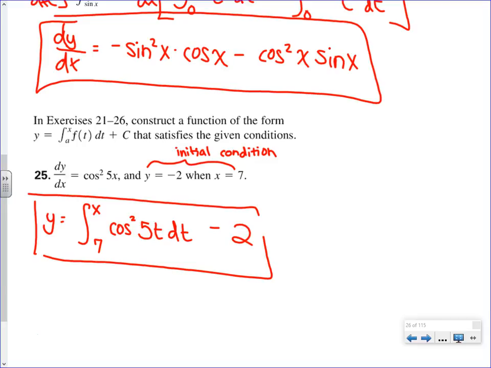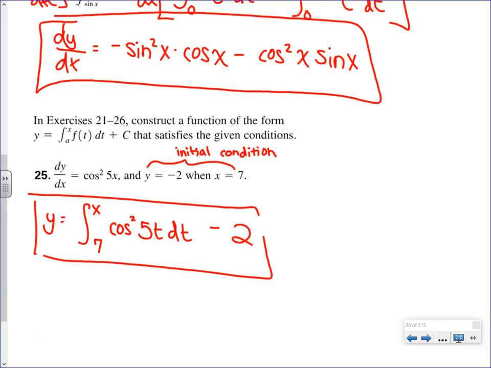And so, if we don't know the anti-derivative, we need to be able to make a definite integral that would solve for the function values at 8, at 9, at 2, at negative 1, at 7. It has to work at all the different values, so at both points. So I'm just saying it has to work for 7 and all the other values.